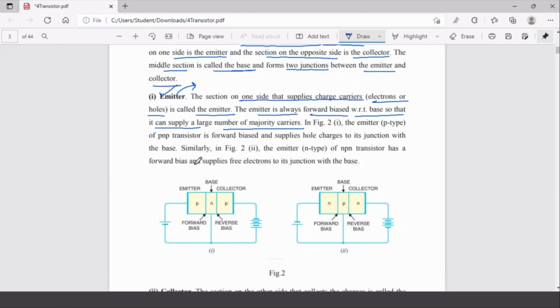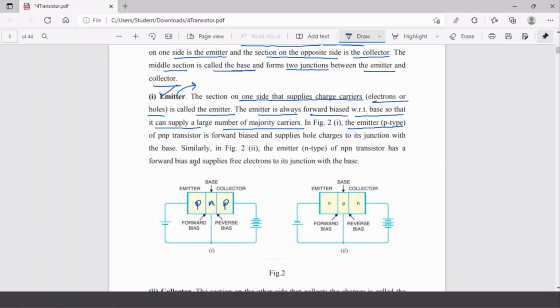So let us see this figure here. The first one is representing a PNP transistor. The leftmost region is the emitter, the central sandwich region is the base, and the opposite region is the collector. In this particular case, in the first part of this figure, you can see it's a PNP transistor.